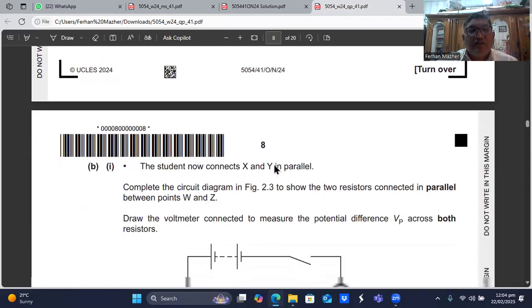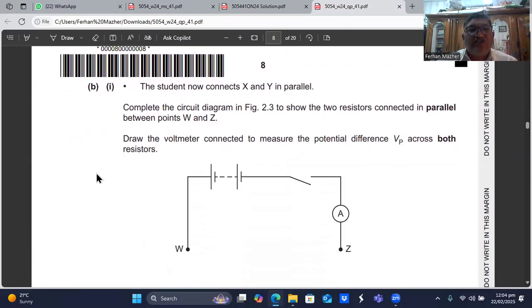Okay. So here we have question number 2. It's B part, first portion. The student now connects X and Y in parallel. Before, they had connected them in series, so there was only one path for the current. Now they want the X and Y resistors to be connected in parallel with each other.